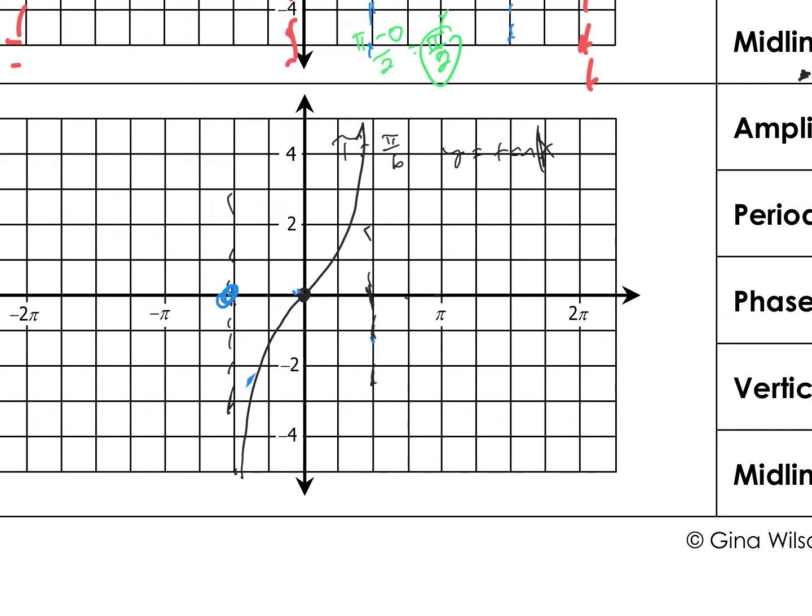That means the period still has to be pi. So from here to here, it's a pi over 2 distance. This is a pi over 2. That's another pi over 2. That distance here. So here's where my asymptotes are going to go.